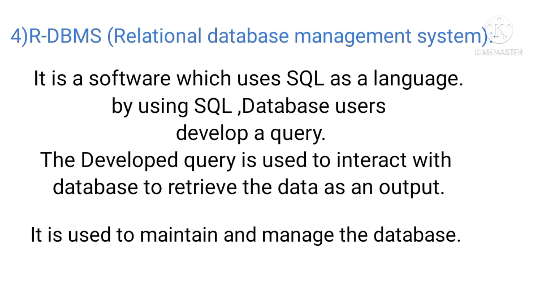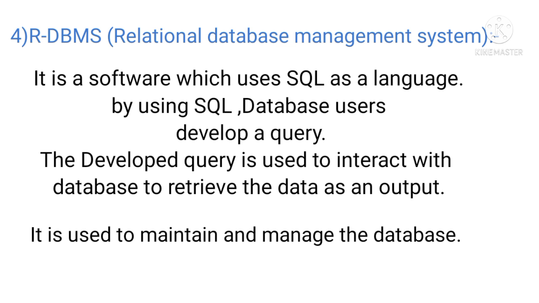R-DBMS stands for Relational Database Management System. It is a software which uses only SQL as a query language. By using SQL, database users develop a query. The developed query is used to interact with the database to retrieve the data as an output. This is the same as DBMS.